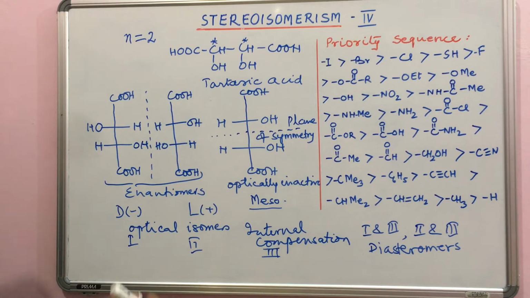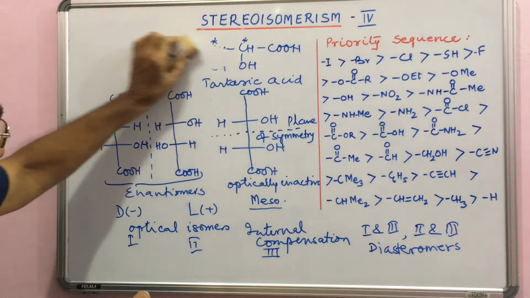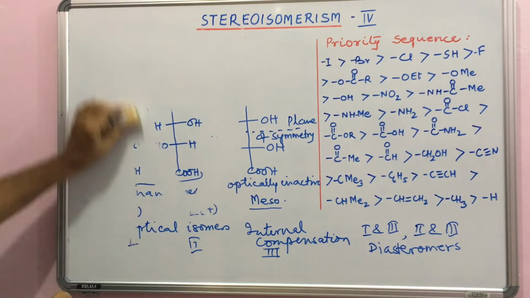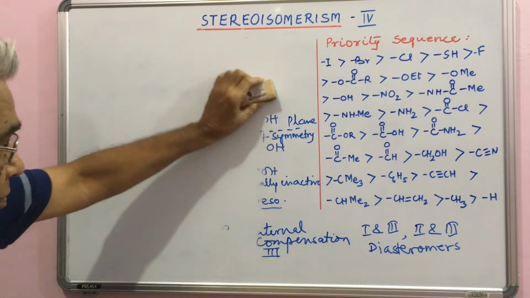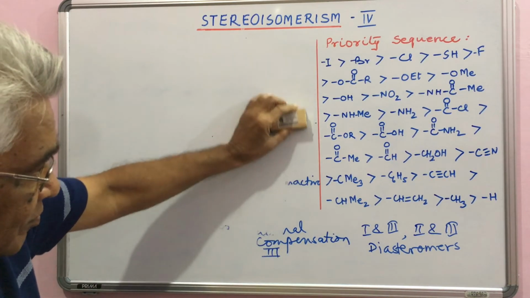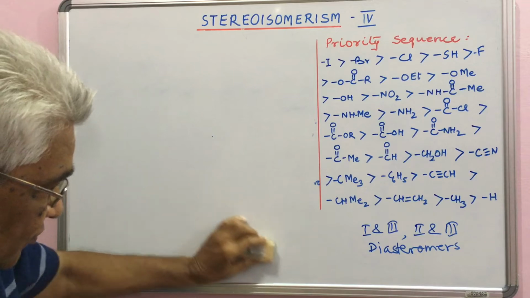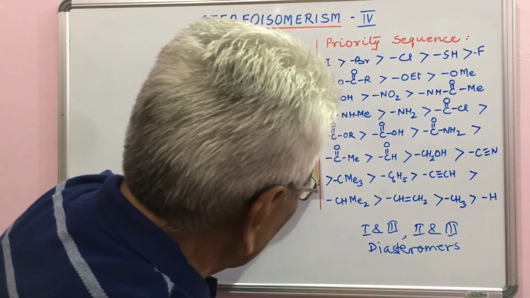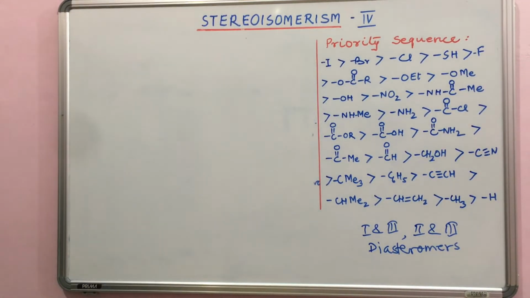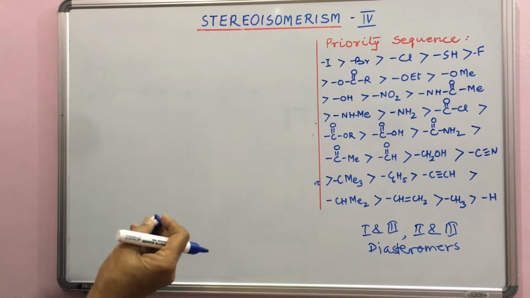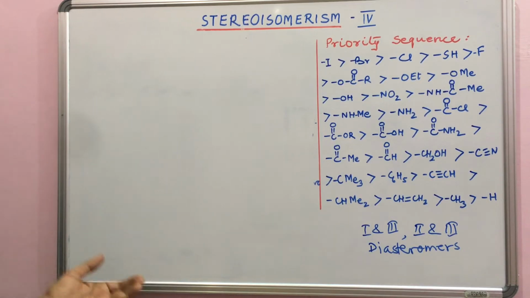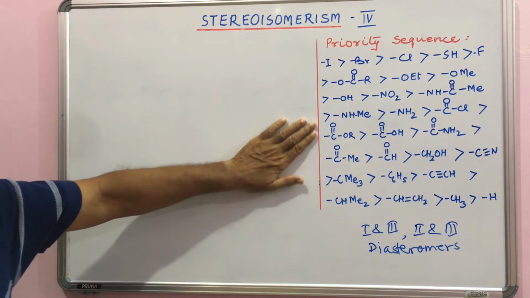You can write similarly with n equal to 3 and n equal to 4. I will now explain how to name these stereoisomers, because it is not always possible to put the prefix D or L. Only hydroxy aldehydes and acids, or amino acids and amino aldehydes, can be named in the D and L way.